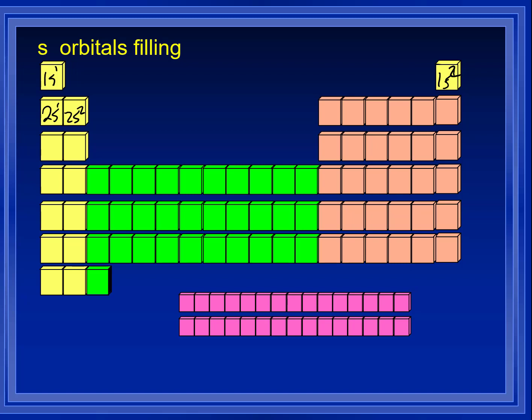And we already know that this one's going to end in 2p, right? Because we just did boron. That's going to be 2p1, then 2p2, 2p3, 2p4, 2p5, 2p6. Okay. That's where they're going to stop.